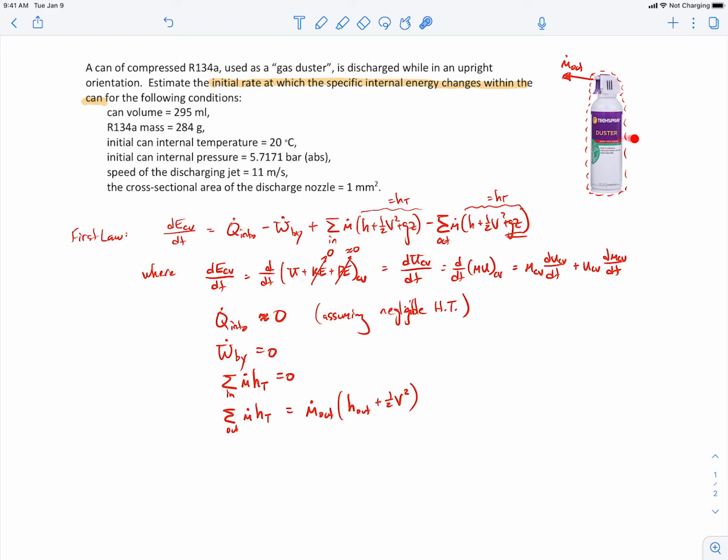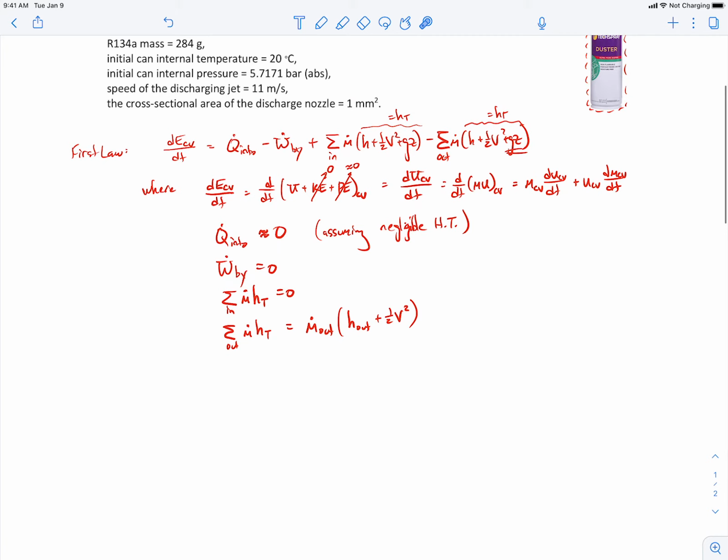I mentioned before the center of mass being about here within the can, and the height from there to the outlet is very, very small. And as you'll see later, this is typically vapor that's going to be coming out here, so the density of it is quite small. The elevation is quite small, so the potential energy is really negligible. We can reasonably drop that out of the equation.